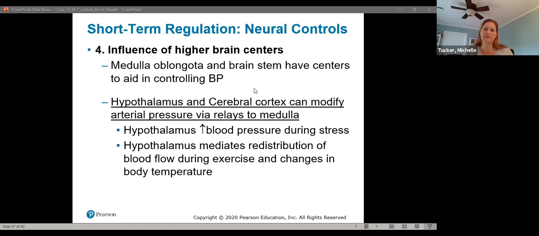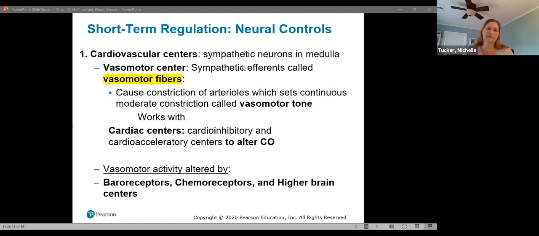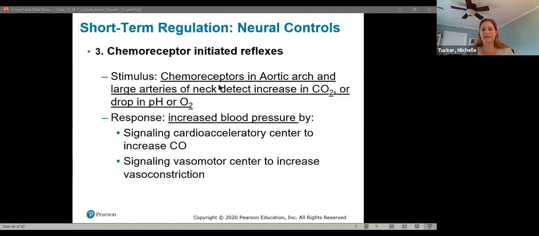What you needed to cover, you should have covered in 1141. The 3 topics are how vasomotor fibers affect blood vessel vasoconstriction or vasodilation, how the baroreceptor reflexes work, and then how the chemoreceptor reflexes work.